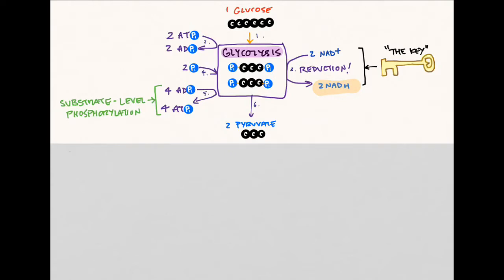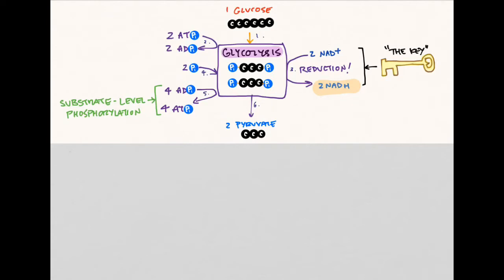What I want us to focus on, though, is that the end point of glycolysis is that you produce these two pyruvates. You also produce 4 ATP, but don't forget, you use 2 ATP, so it's a net gain of just 2. 4 minus 2 equals 2. And you also produce NADH.